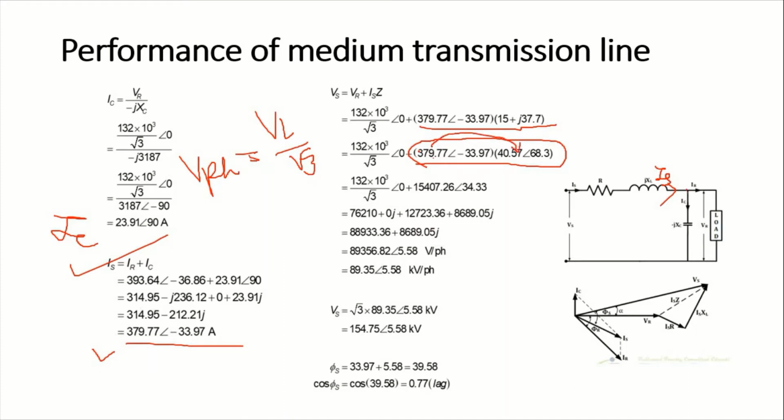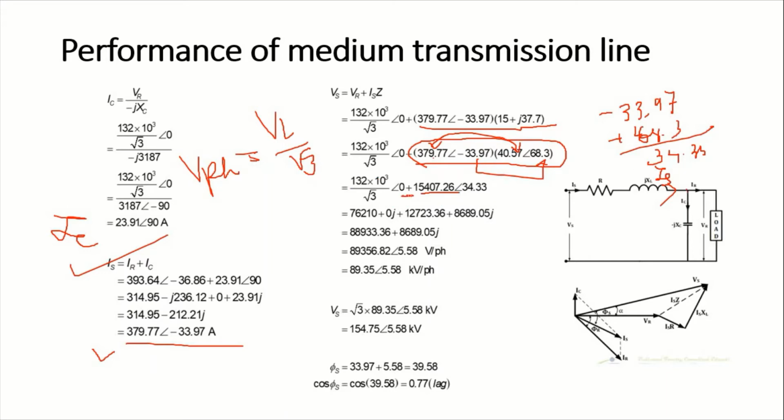Multiplication of these two terms gives 15407.26, and the angles are added or subtracted, so minus 33.97 plus 68.3, and by this we get 34.33. The magnitude terms are multiplied and the angle terms are added or subtracted.